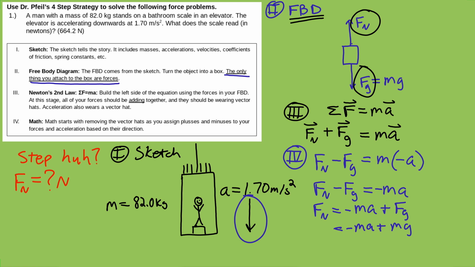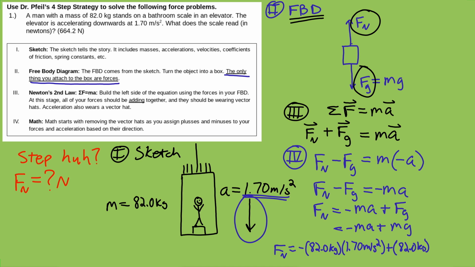So now we go to the numbers, and I think I'm probably going to run out of room here, but this is going to give us F sub n is equal to minus, his mass is 82 kilograms, the acceleration that he's experiencing is this number here, 1.70 meters per second squared, plus m is his mass again, 82.0 kilograms.